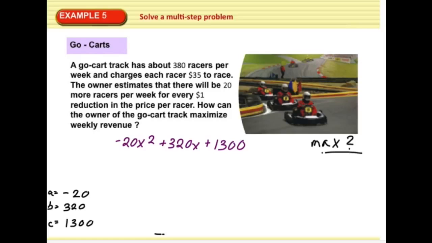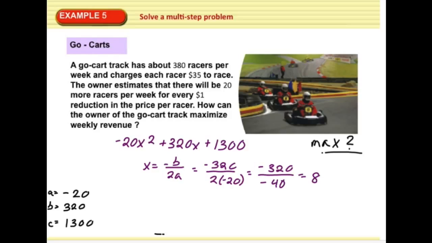To find my vertex, x equals negative b over 2a. So negative 320 over 2 times negative 20. So negative 320 over negative 40 is going to equal positive 8. And then I can plug that in for my y value, and you'll just have to trust me on that, $14,580.